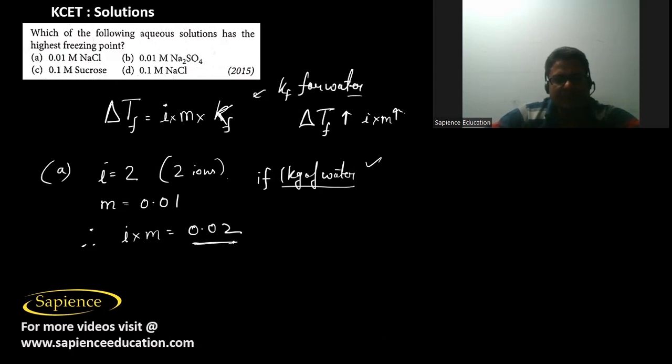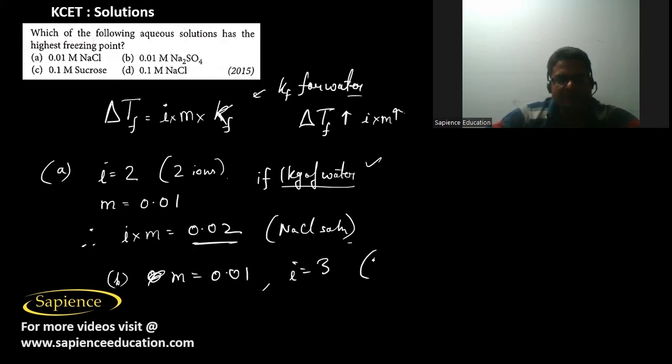So the I into M value for this sodium chloride solution is 0.02, and for option B it is 0.01 molar Na2SO4. So here molality is 0.01 only, and Van 't Hoff factor will be 3, since it will give 3 ions, 2 Na plus ions and 1 sulfate ion. Therefore here I into M will be 0.03.